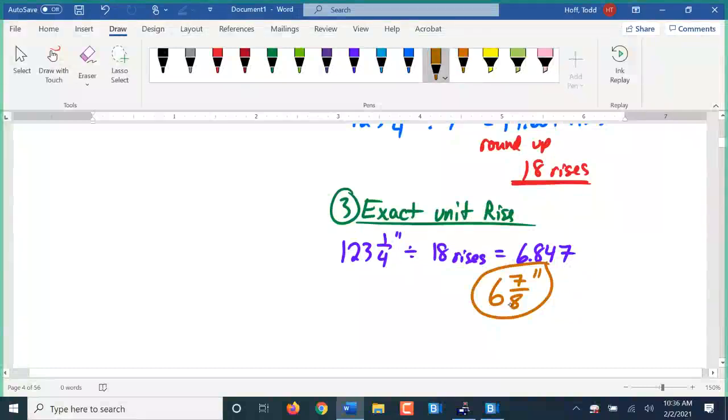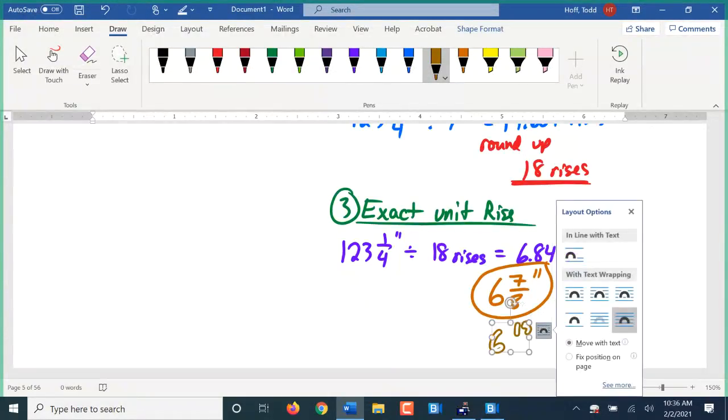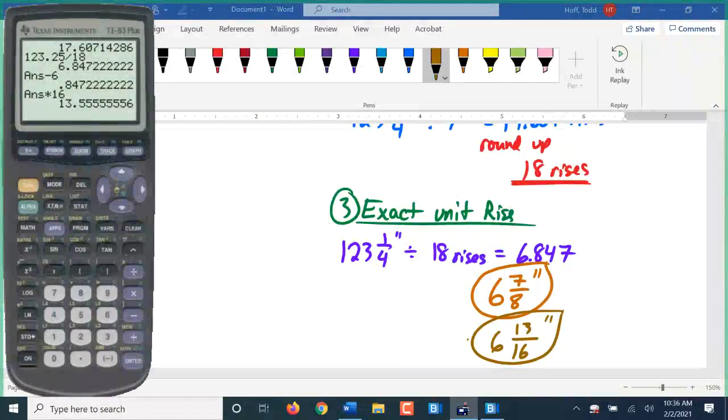is I would use 6 7/8 and 6 13/16 inches. And I would alternate between them. So that's going to keep us as that 13.5 is right in between.